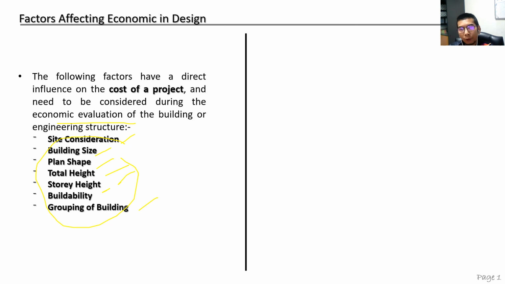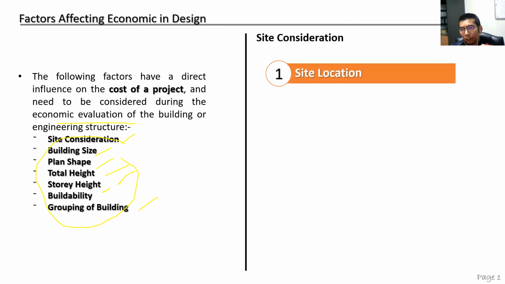Firstly, we have to look at the first factor, which is site consideration. When we talk about site consideration, there are a lot of elements that you need to consider. One of them is site location. When you build something in an urban area, the cost will be different compared to building a project in a rural area, because of the wages and salaries of the workers, and the price of the materials will be different based on location.